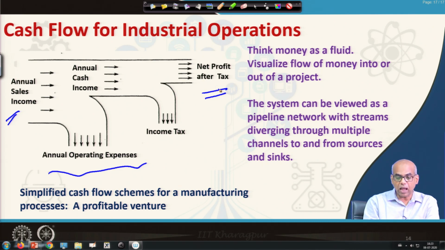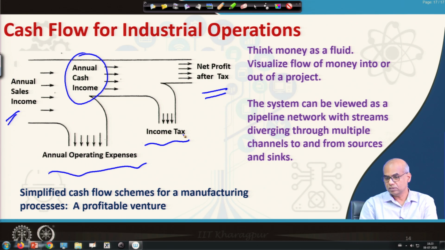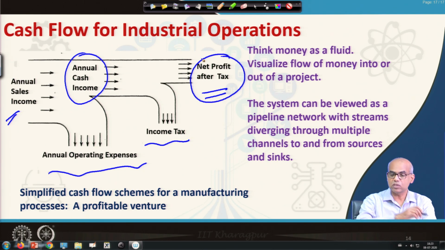After meeting annual operating expenses, you have annual cash income which starts flowing through the pipeline. But again you see a part of this goes out through a side pipeline as income tax. After paying annual operating expense and income tax, you get whatever is left, and that is your net profit after tax.